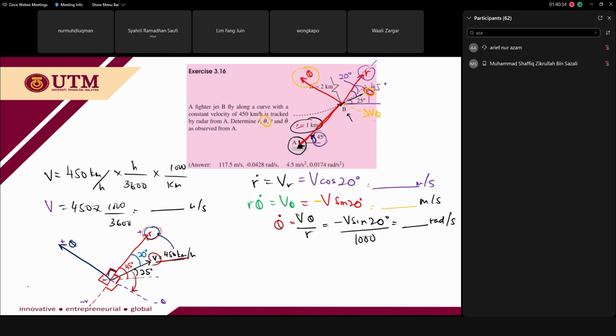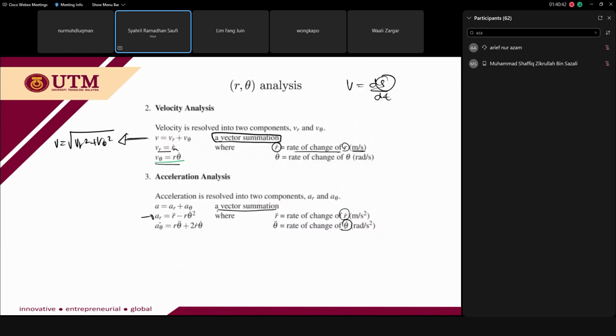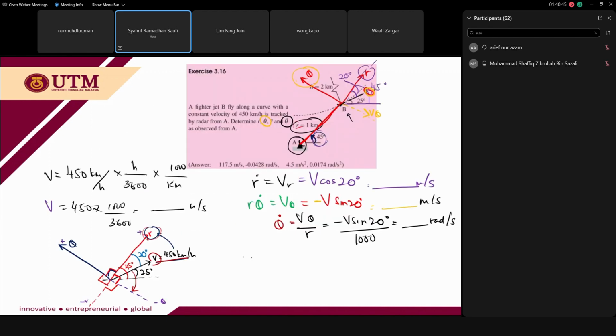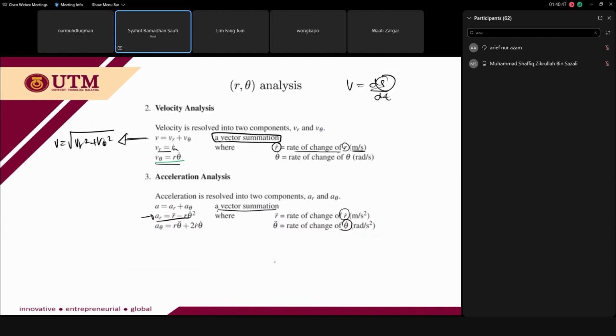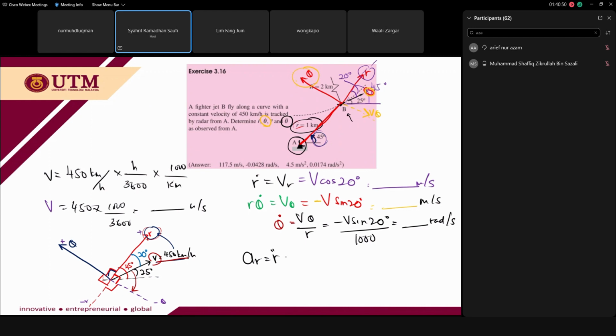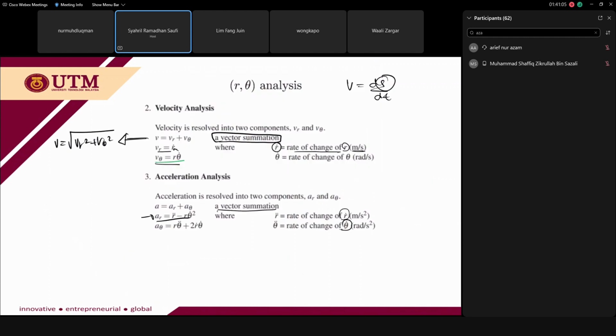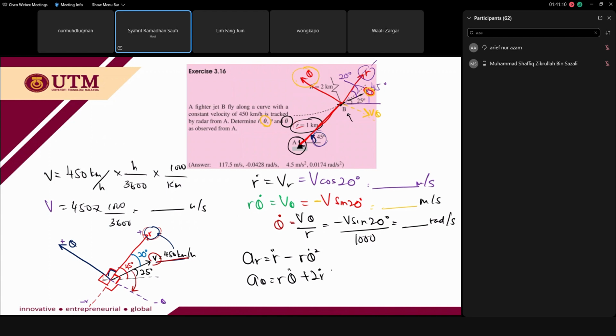Okay, then you need to determine R double dot and theta double dot. R double dot comes from AR. So acceleration along R is equal to R double dot minus R theta dot squared. A theta is equal to R theta double dot plus 2 R dot theta dot.